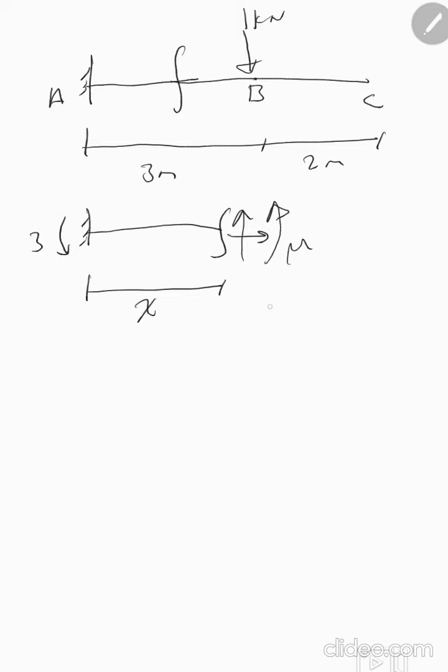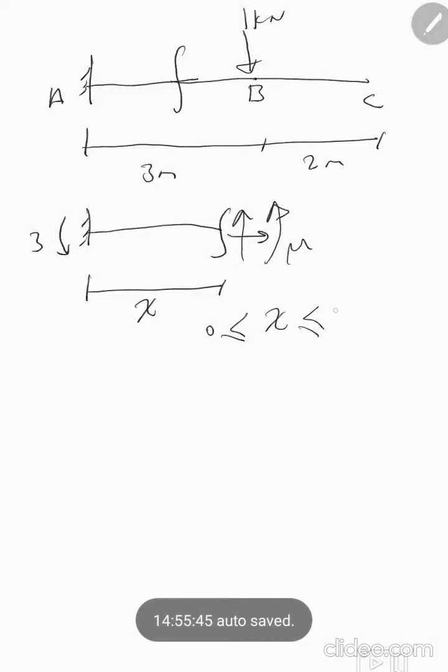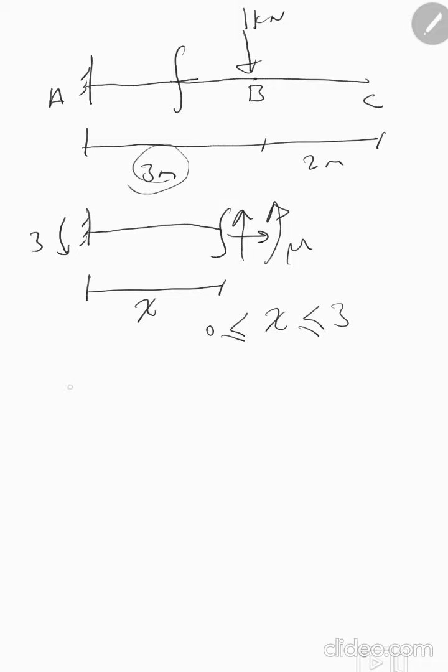Then X should be larger than or equal to 0 and less than or equal to 3, because the total length of part AB is 3 meters. Now I will calculate the moment M. Plus 3 anti-clockwise, minus 1, the force, because it is downward, times X equals 0.